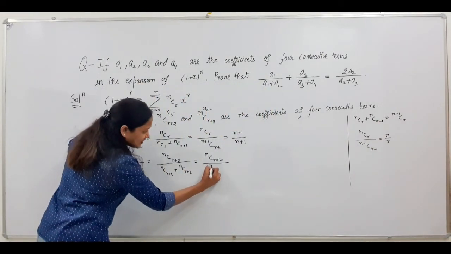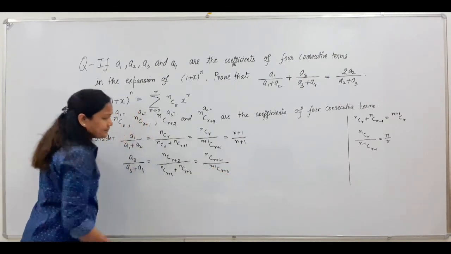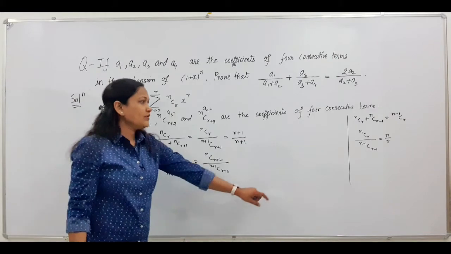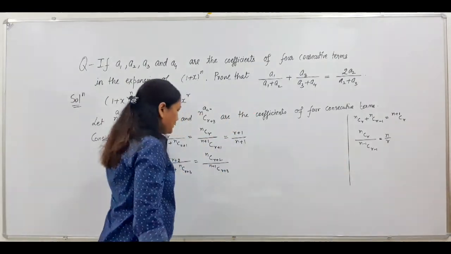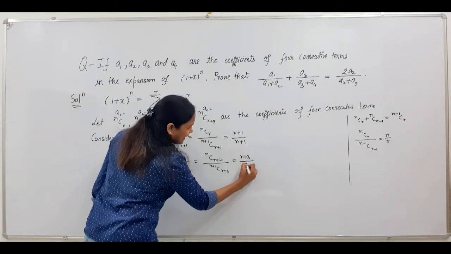This expression will become (n plus 1)C(r plus 3). And using your second formula, this will be equals to (r plus 3) upon (n plus 1).